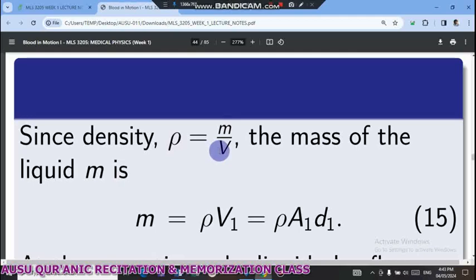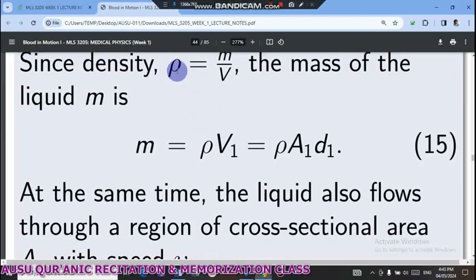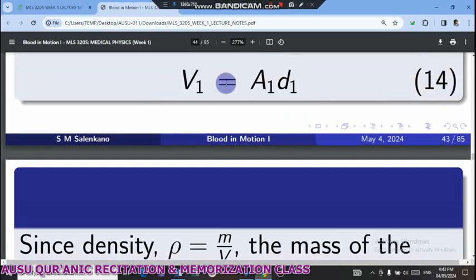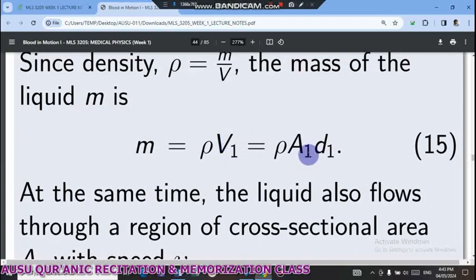But remember, the volume we called V1. So our mass of the liquid is equal to density multiplied by V1. And if we look at equation 14, we say that V1 is A1 D1. So instead of V1 here, we can put A1 D1, and this is why it is equal to rho A1 D1. Let's call this equation 15.